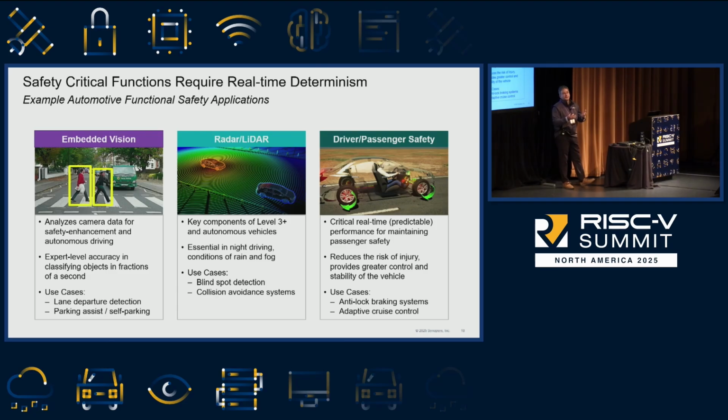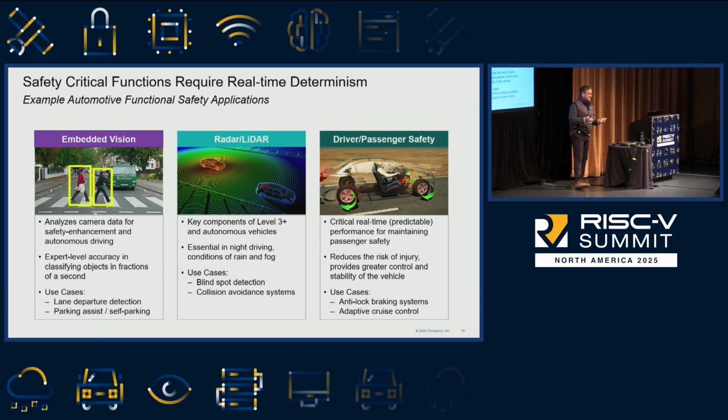Radar and LiDAR are similar. In addition to the camera activity, I have radar and LiDAR in bad weather, where I'm using that to enhance my ability to determine what's happening for blind spot detection, collision avoidance systems, things like that. That also needs to have support for real-time determinism. And then in general, passenger safety.